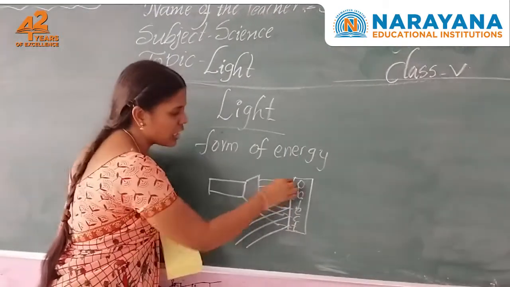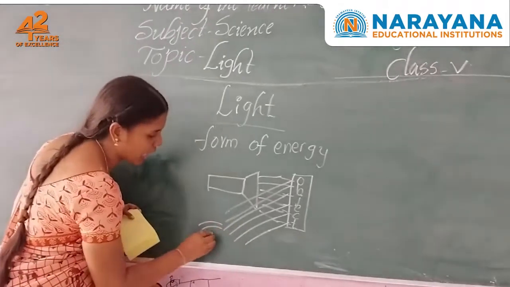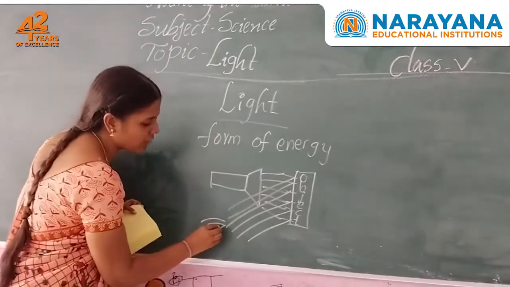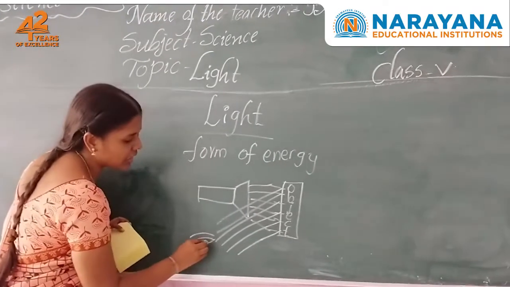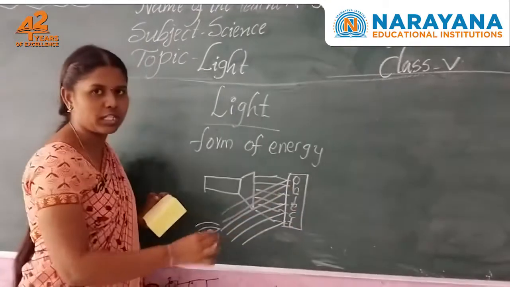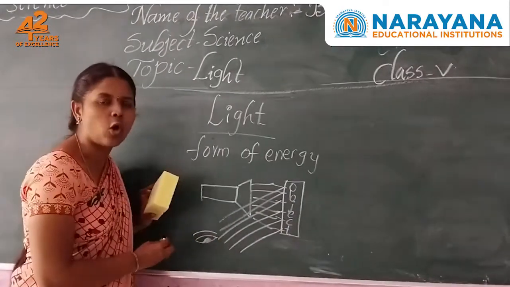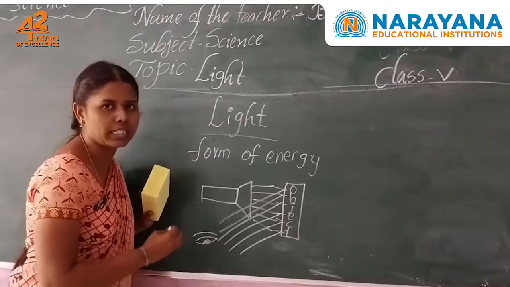This is reflection, and this reflected light reaches our human eye. When the reflected light reaches our human eyes, we are able to see the objects. So this is the way we are able to see the objects because of light.